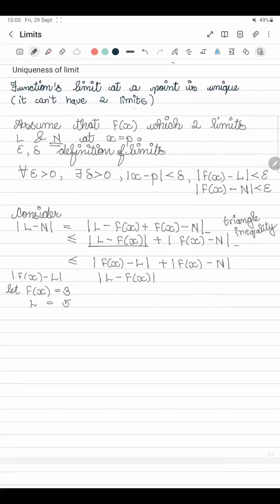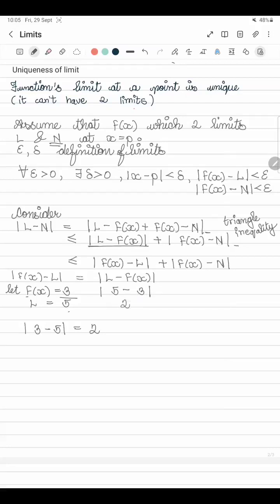Here let's take an example which shows us that mod of f of x minus L is the same as mod of L minus f of x. So I have assumed here f of x as 3 and L as 5. So we first subtract f of x minus L. Here what we get is 2, and now we will subtract L and f of x. Here also we get 2.